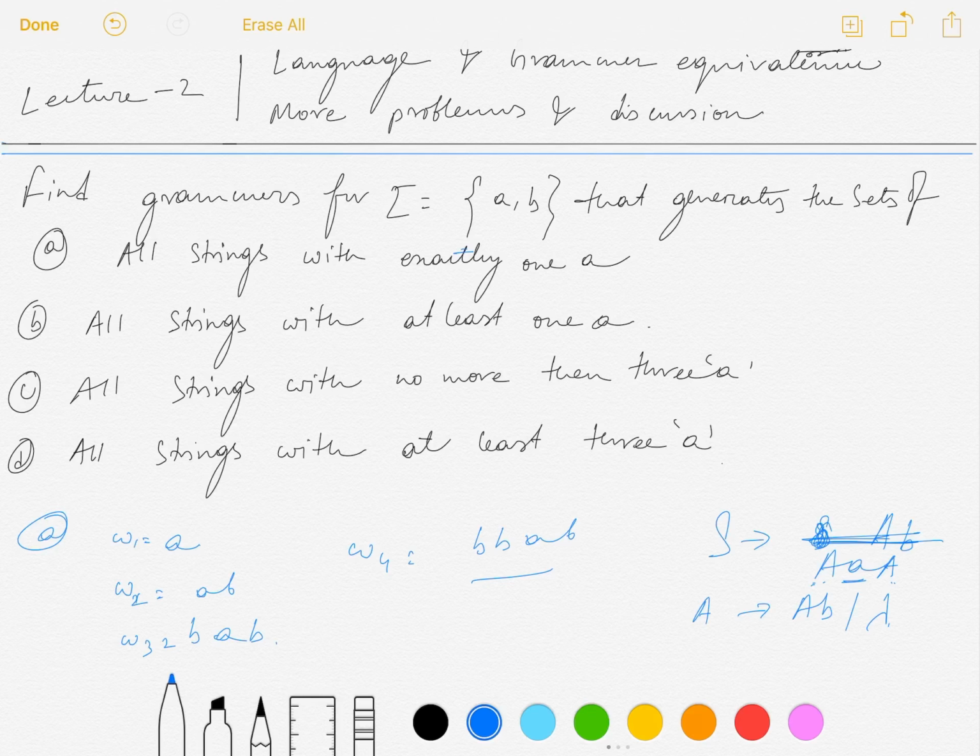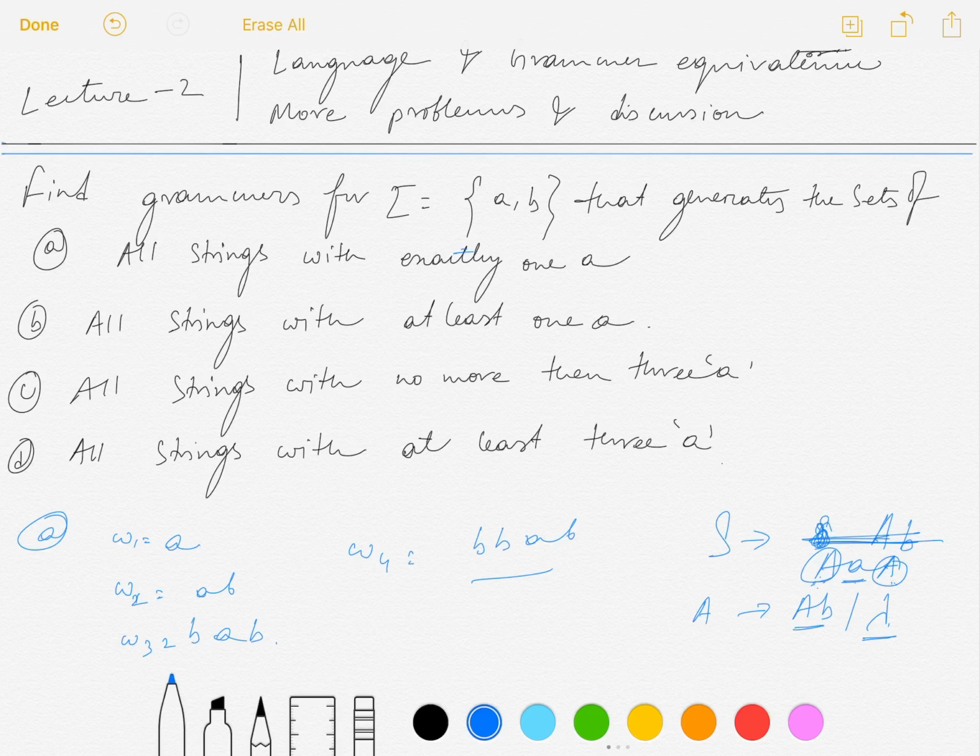If I need the B before A, this capital A will be replaced by AB, and if I need B after A, this capital A will be replaced by AB. How many B are required will be ensured by the number of times this A is replaced. If I do not need any B either before A or after A, this A will be replaced by lambda and this A will also be replaced by lambda.